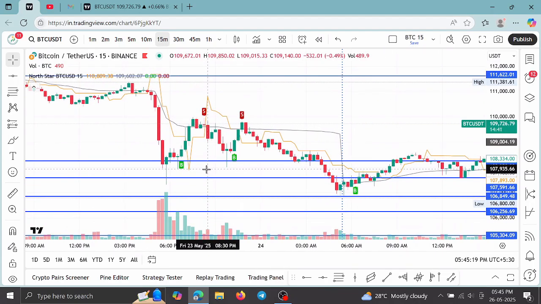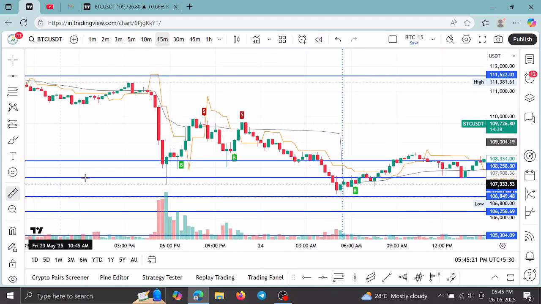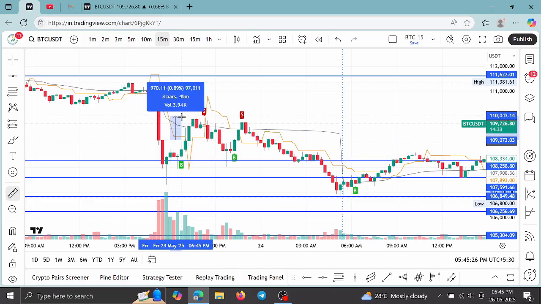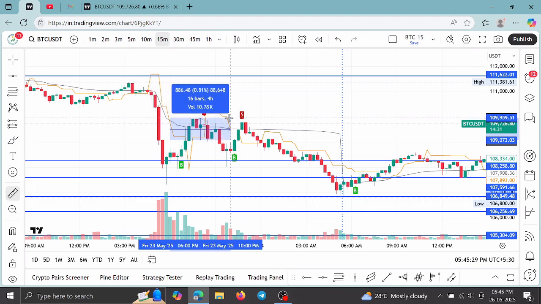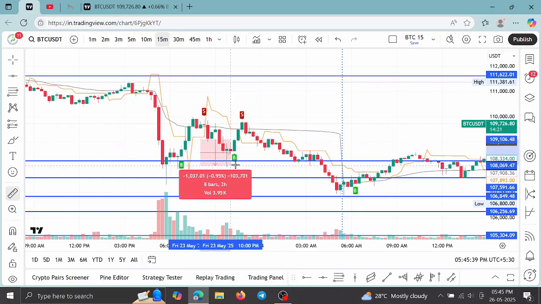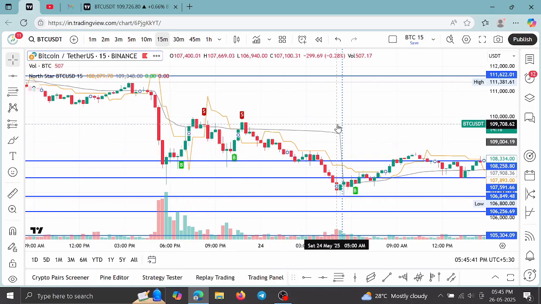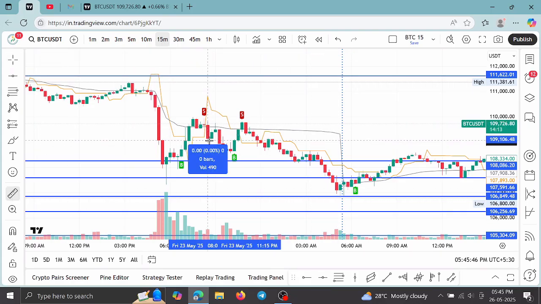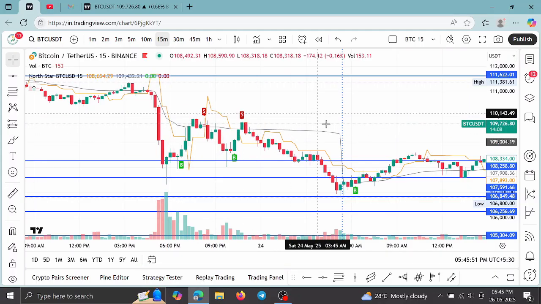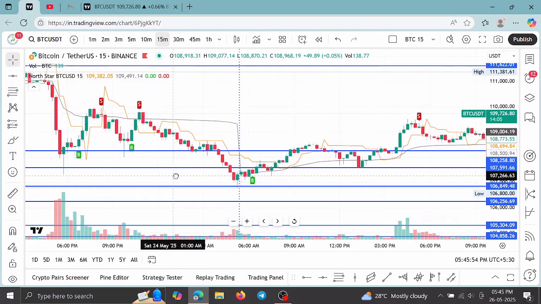Similarly, for this one, if you take a trade at a buy signal, now you got around 0.8%. Similarly here 0.9%. So you can understand how easy this is. So far not even a single stop loss hit.